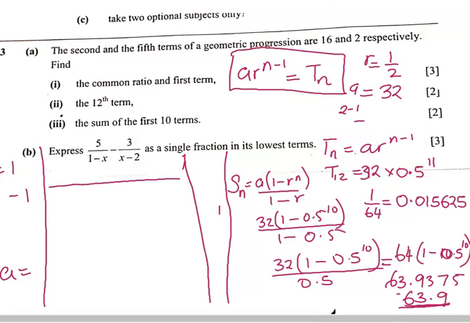So we have 1 minus x and x minus 2. Then we take this as the lowest common multiple now.